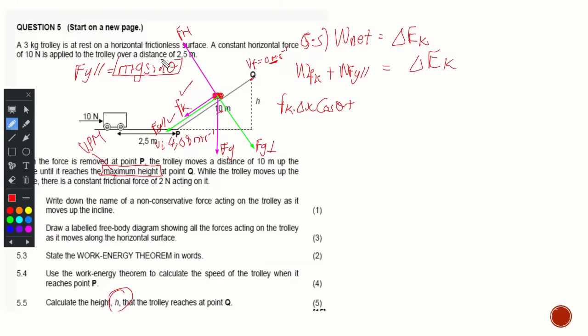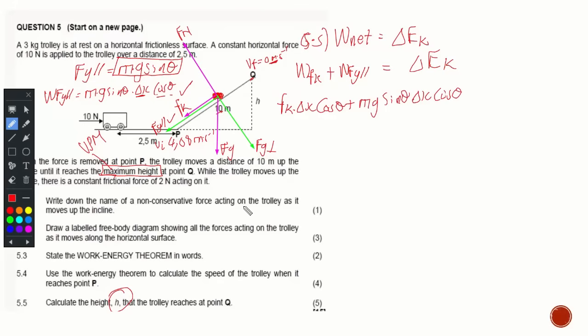The whole of Fg parallel is mg sine theta. And if we are doing work done by Fg parallel, it should be mg sine theta, and then delta x, then cos theta, right? Because remember, it is the force multiplied by the displacement and cos theta. So let's write all of that.